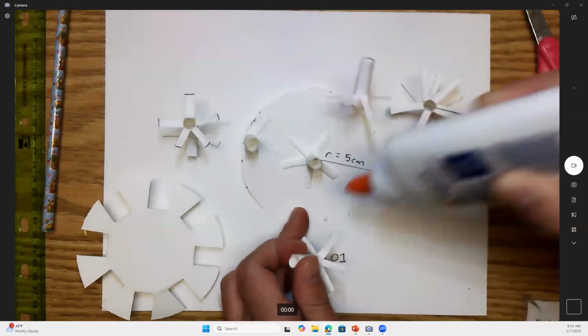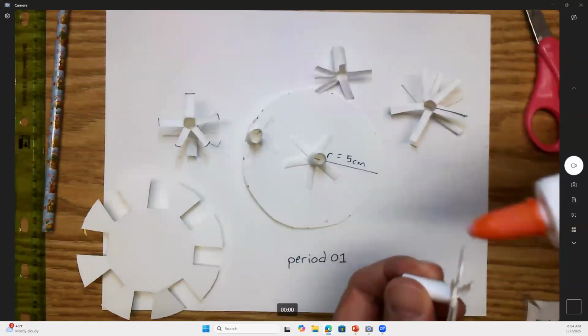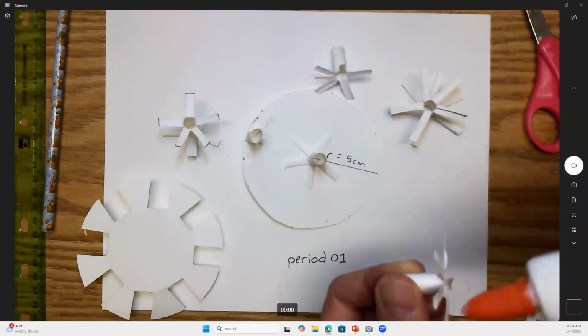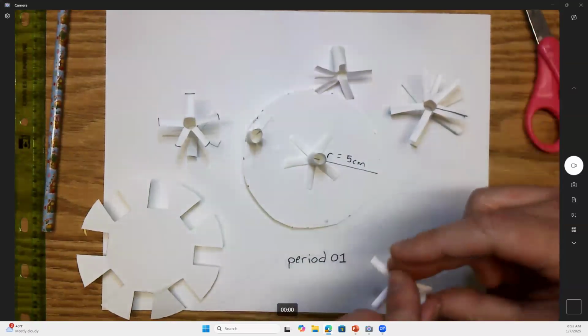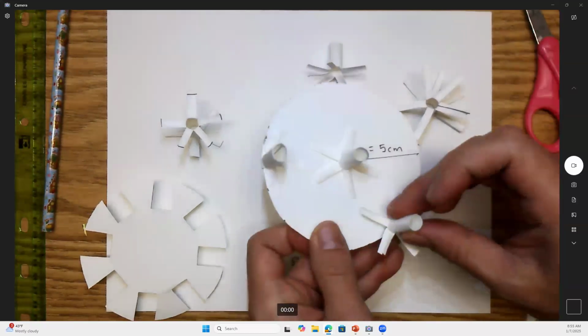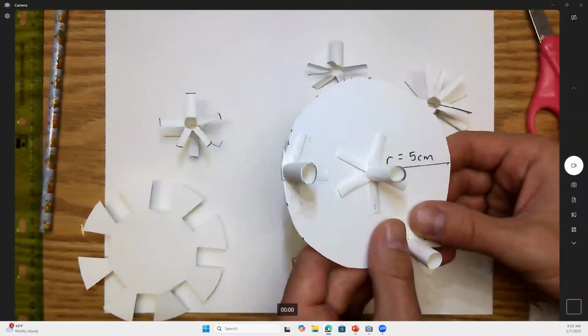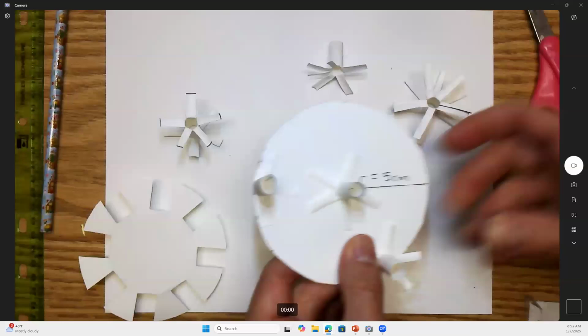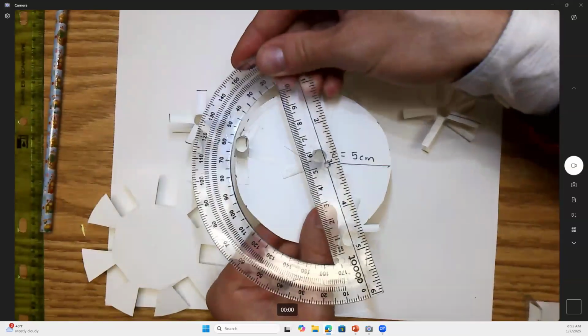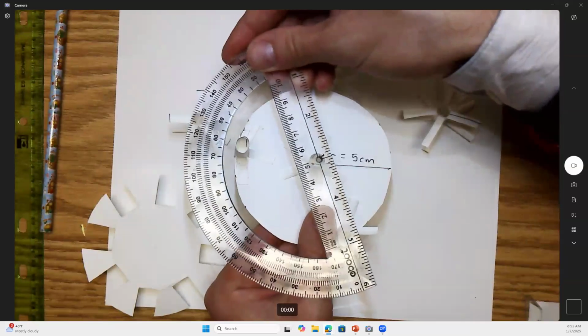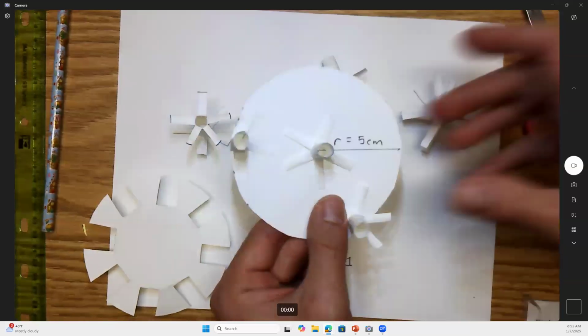Throw a little dot, or maybe you can make a mark with your pen or pencil, where exactly this is supposed to go. Okay, put it right here. All right, double check with my protractor, make sure that's 120 degrees. Yeah, I think that's right about where that needs to go.